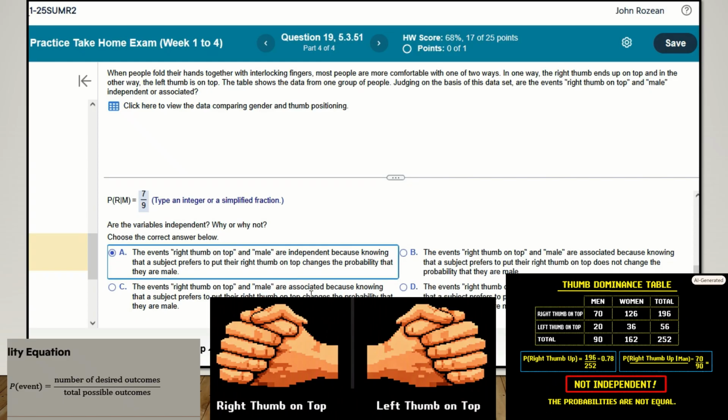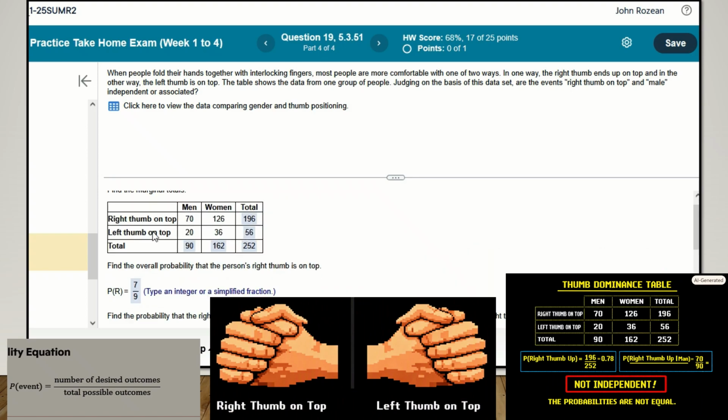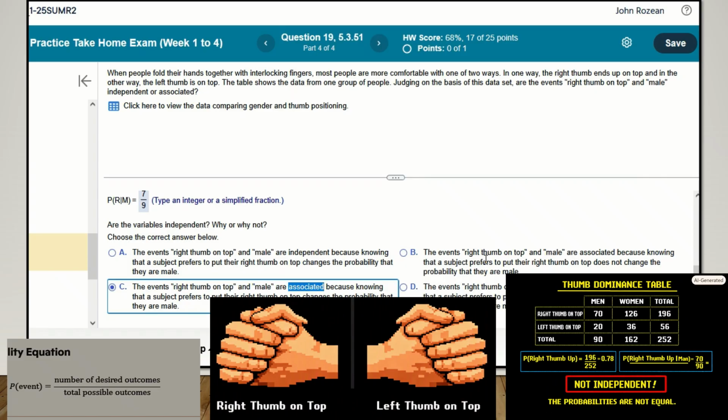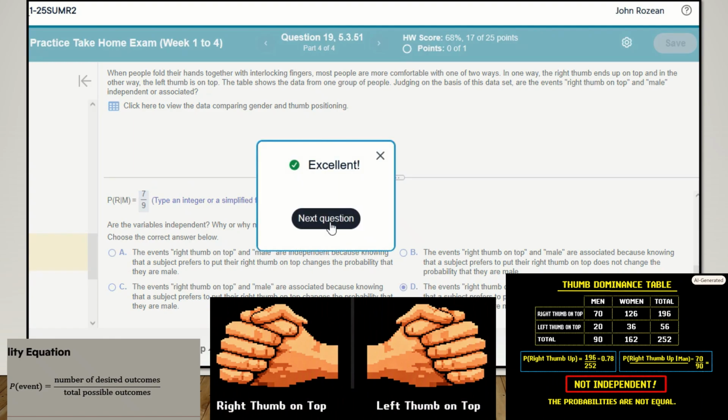They're not associated. Associated would mean they were dependent. That would mean these two probabilities would have to be different. Oh, and they're not. So again, associated is wrong. It's got to be this one over here. They are independent because knowing that... Oh, here's our difference between A. This says does not change the probability. There we go.